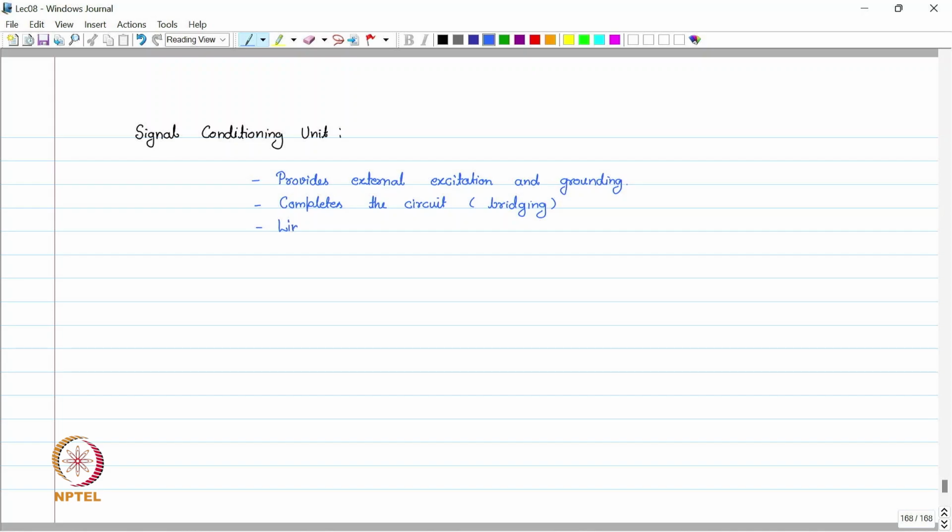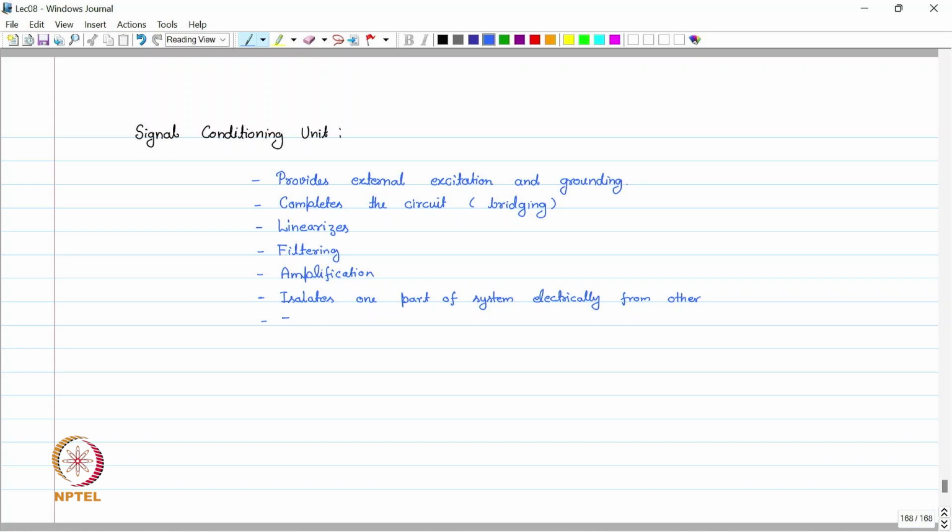It linearizes the data, it filters out the noise, it provides amplification, and it also provides isolation: it isolates one part of the system electrically from the other.